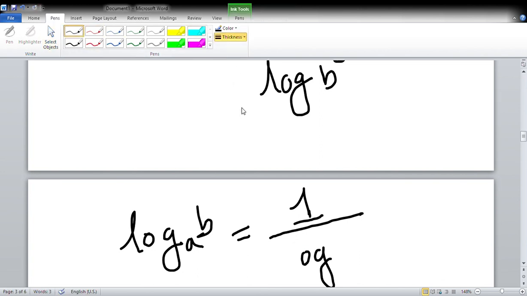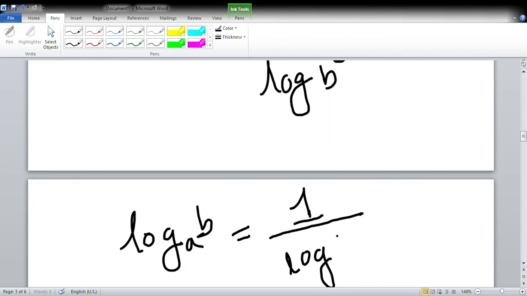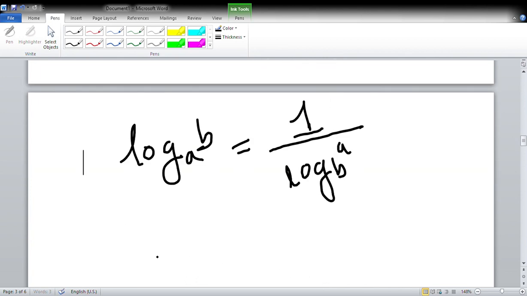So we have to write log b with the base a, divided by log a with the base b. That means from here you can get the conclusion. If you really want to interchange the number and base, so simply you can reciprocate it.